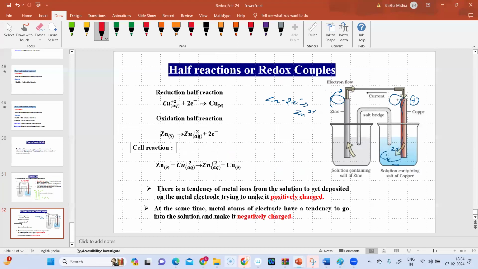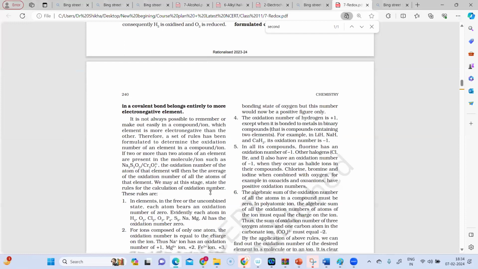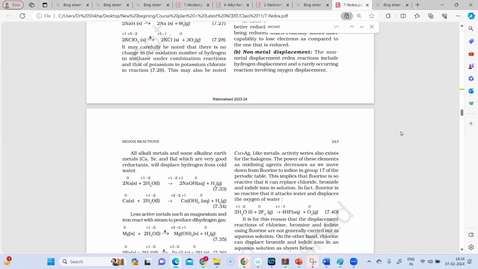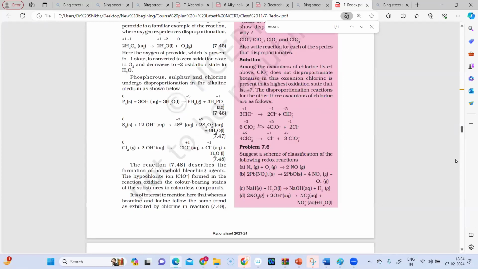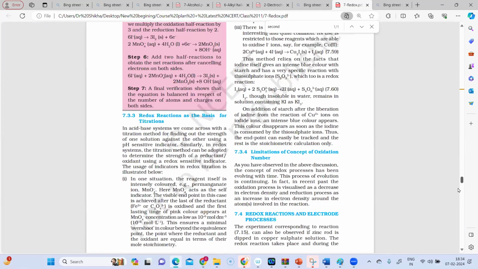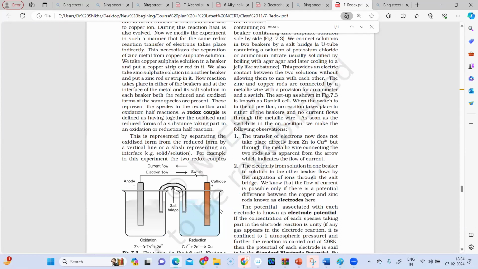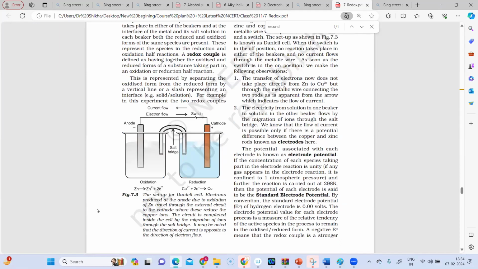So I don't think there is anything else left in the chapter, because before coming to the class, I just looked at it, and towards the end I will just show it to you also. Look at this, right? They have used the terms electrode, electrode potential, I have told you, except for standard electrode potential.